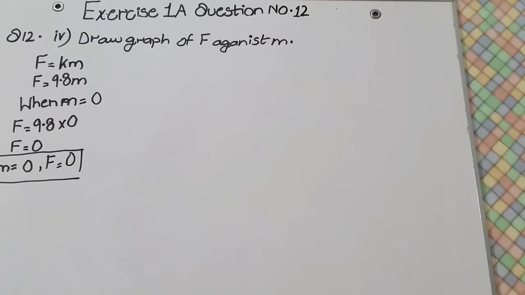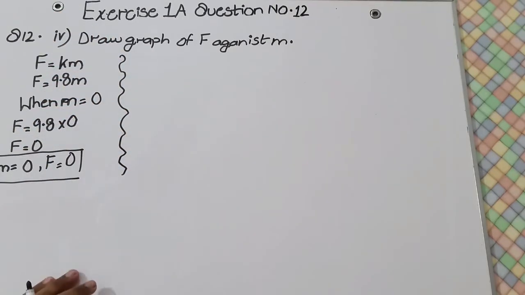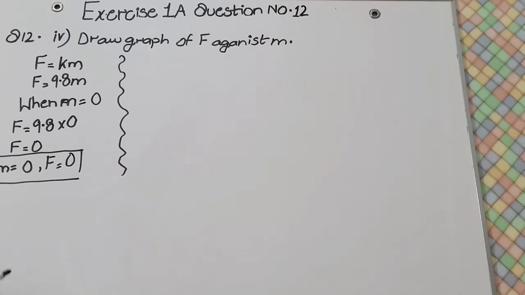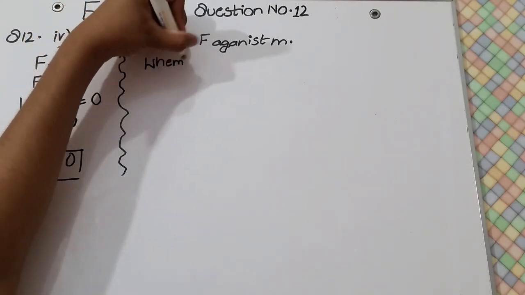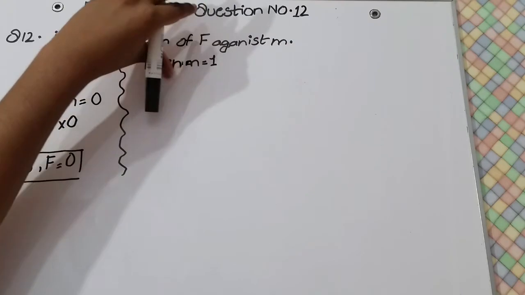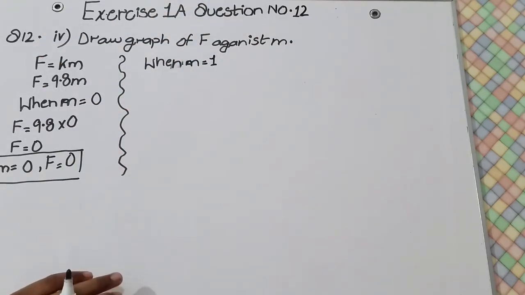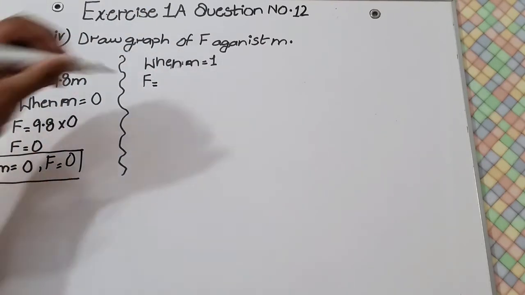Now let's find another value. In the last two questions, 10 and 11, we found 3 values for the graph. But in this question we are going to find only 2 values. So let's assume when M is equal to 1. So when M is 1, we are going to write this formula and fill it in.